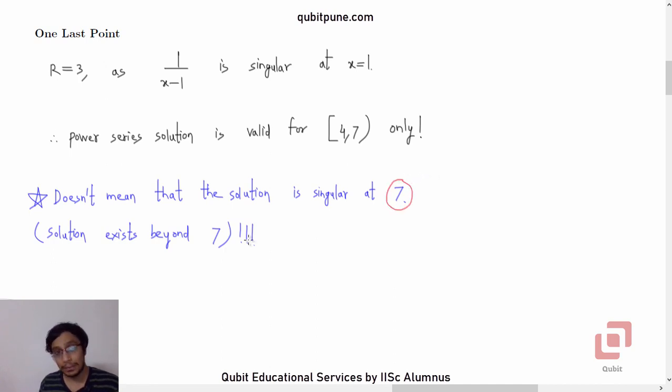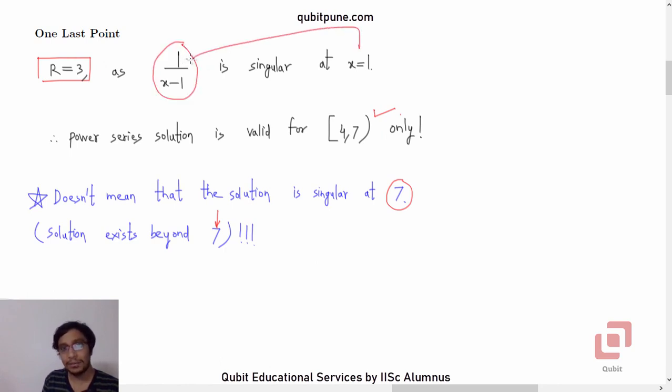The answer is no. The solution exists beyond 7, including the number 7, but the power series solution that we have got is valid only for the interval which is closed at 4 and open at 7. And this is the thing that we have to write, because the radius of convergence is 3 due to the singularity of 1 upon x minus 1, or p of x, at x equal to 1.